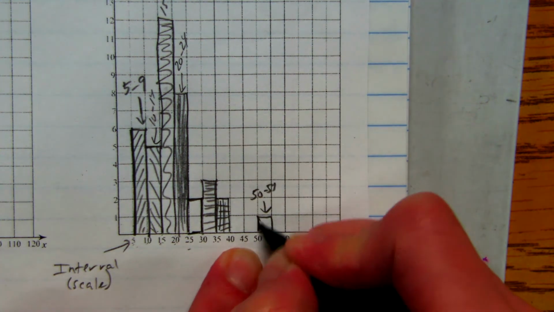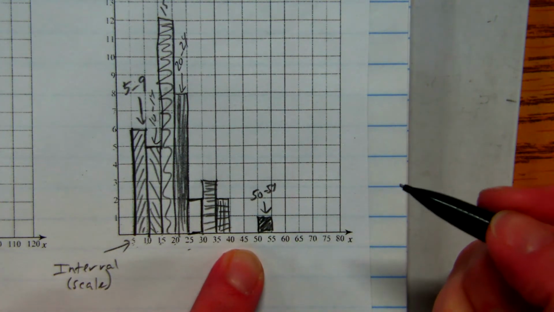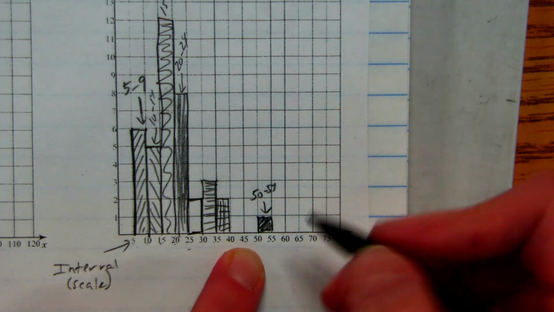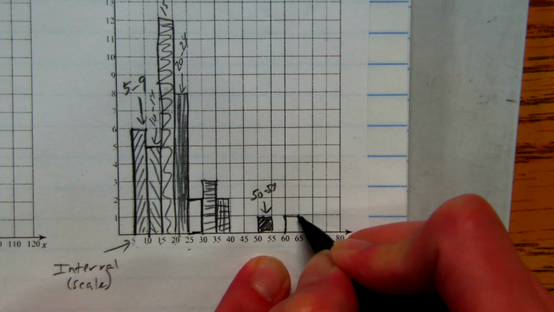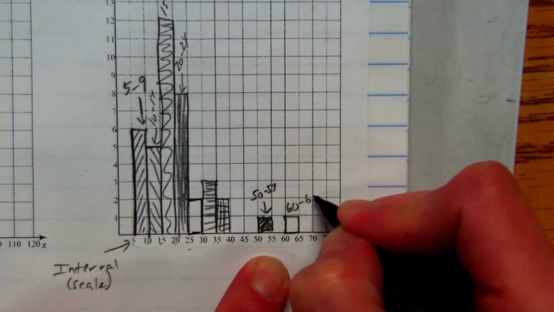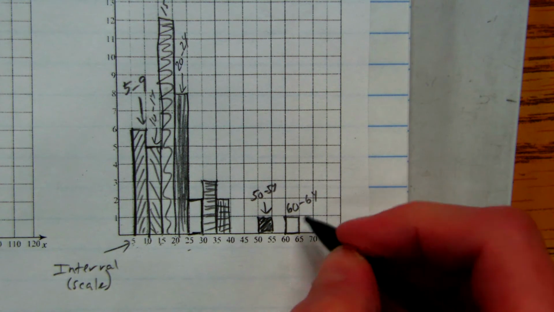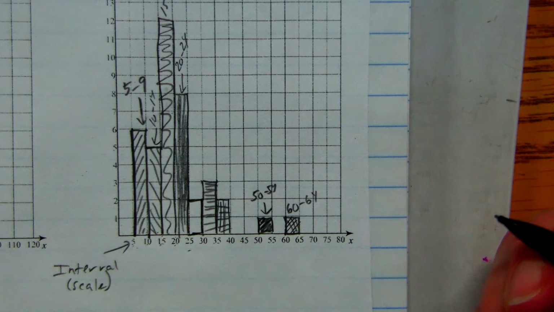It starts with 50. And so that's where that kid's going to go. And then we had another kid with 60. So there's nothing from 55 to 60. The kid that had 60 goes with this bar because this bar is 60 to 64. And I'm going to cross hatch that one this way just to shade it differently.